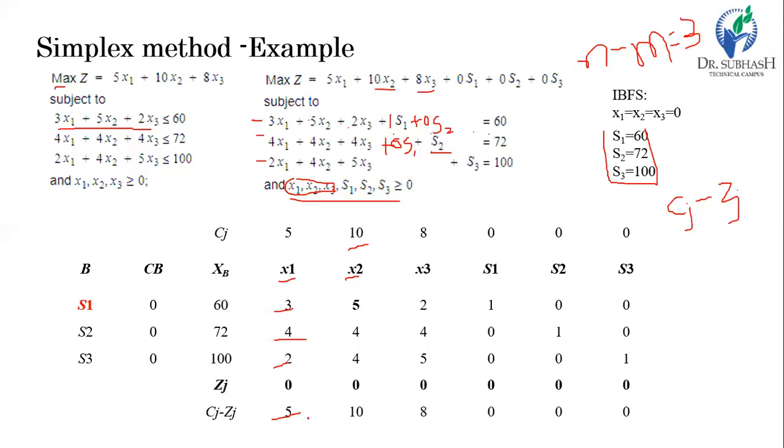So when we subtract the expense from the profit, we get the net effect, and the net effect here for x1 is positive 5. So if we choose x1 in the basic variable, replacing any one of these three by x1, that is capable of increasing our objective function value by 5 units.